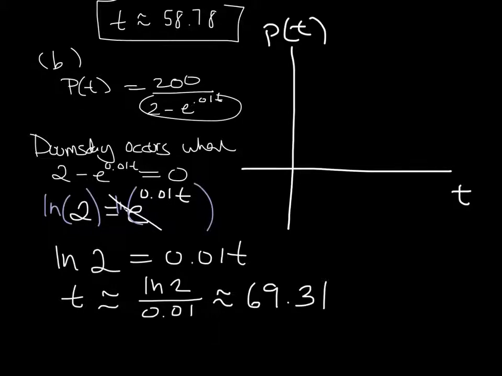You can punch it in as well, and you get something like this. And then the vertical asymptote is at 69.31, so almost 70 months. At that time, the animal population is going to explode. That's the graphical view of what's happening here.